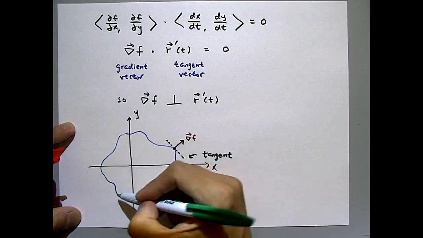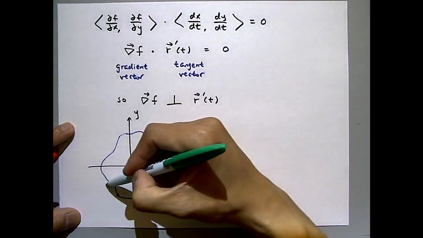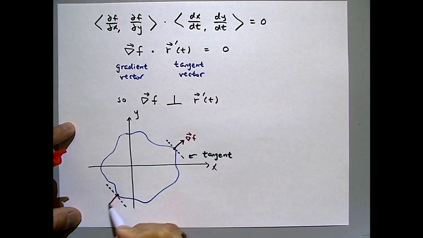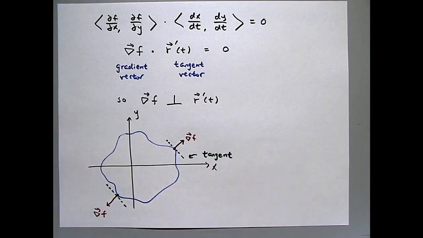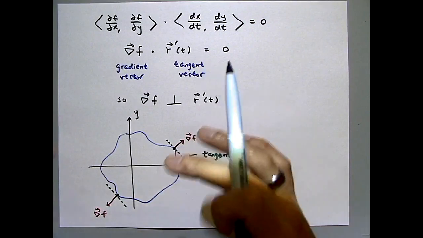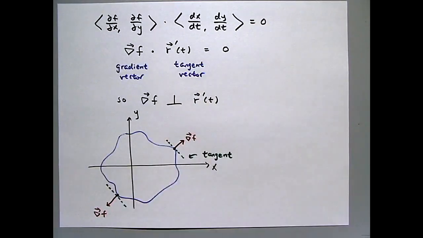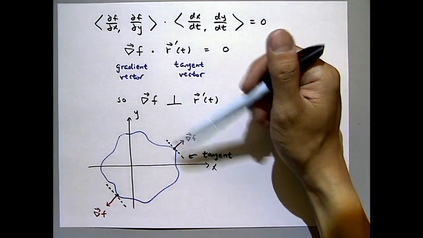If you are over here, for example, your gradient vector will always point perpendicular to that. So what this means is that if, on the level curve, you want the greatest change, you want to go in a direction that is perpendicular to the local tangent.